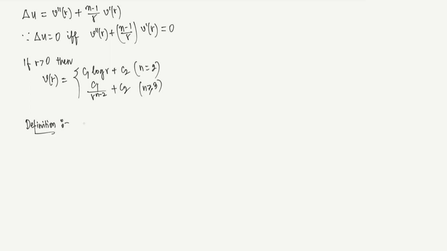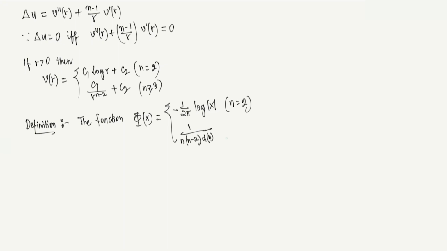So you see the function phi of x, which is defined as 1 by 2 pi log of mod x for n equals 2, and 1 by (n minus 2) times alpha n, some volume of the sphere, so basically that's the normalization constant, think of it like this, times 1 by mod x to the power n minus 2.